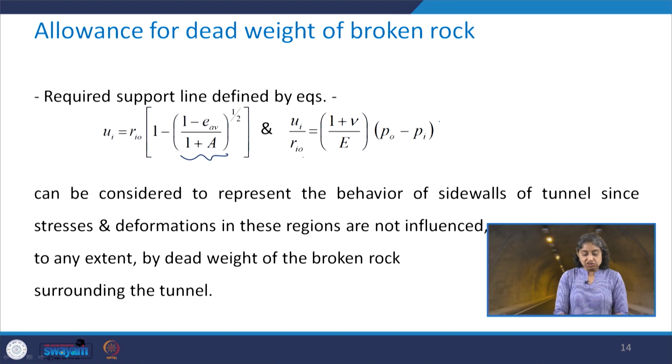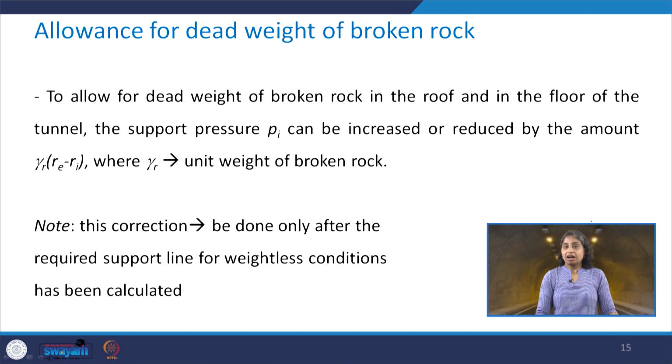These two equations can be considered to represent the behavior of the side walls of the tunnel, because the stresses and the deformation in the side walls are not influenced to any extent by the dead weight of the broken rock surrounding the tunnel. But coming to the roof and the floor portion of the tunnel, we cannot say the similar thing. So, there we need to provide the allowance for the dead weight of broken rock.